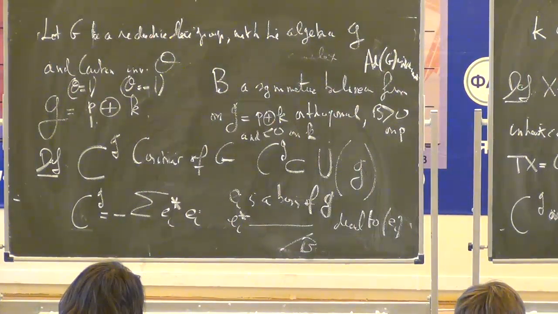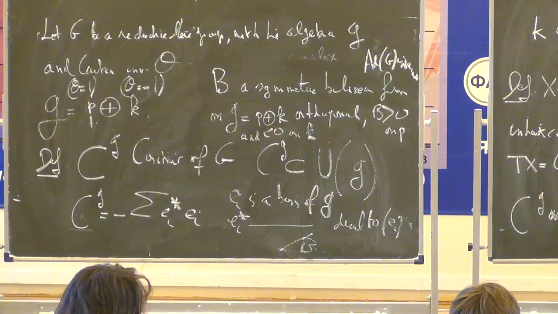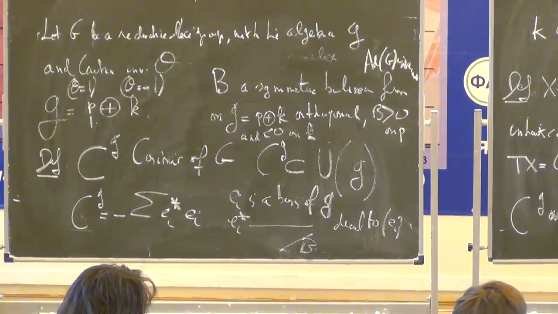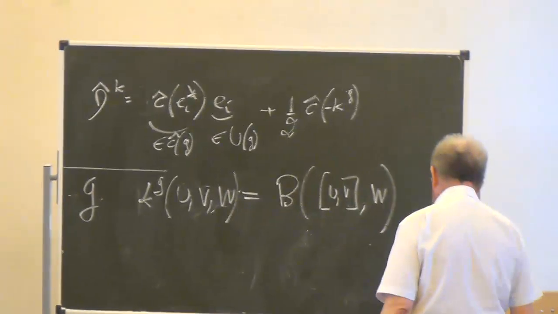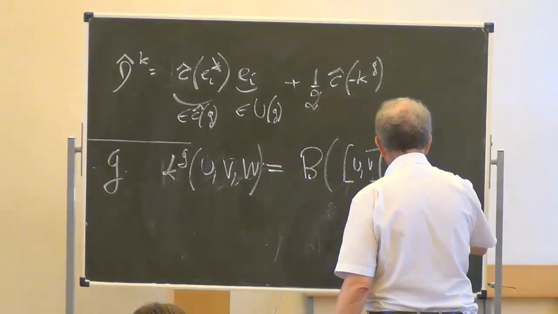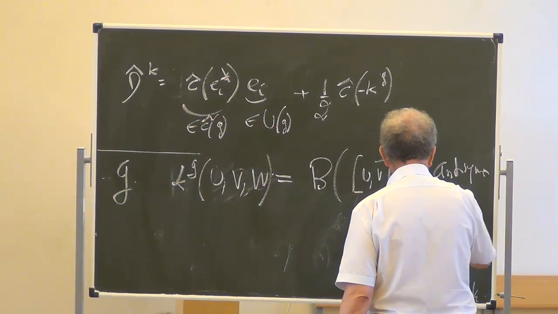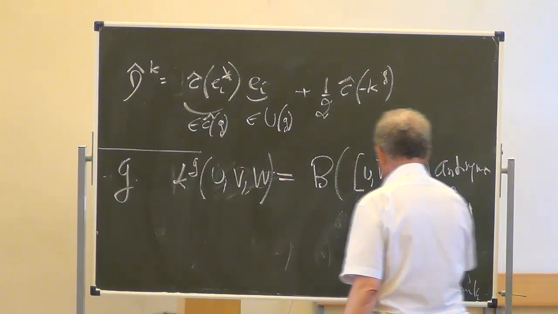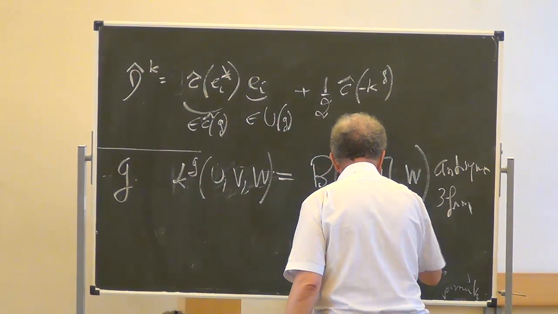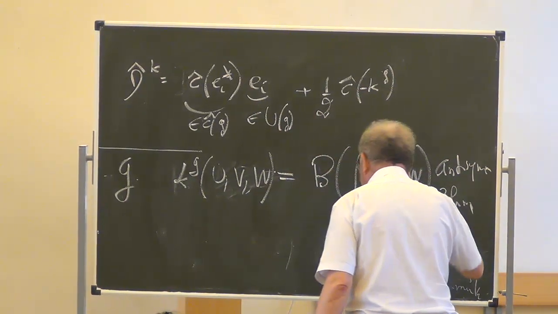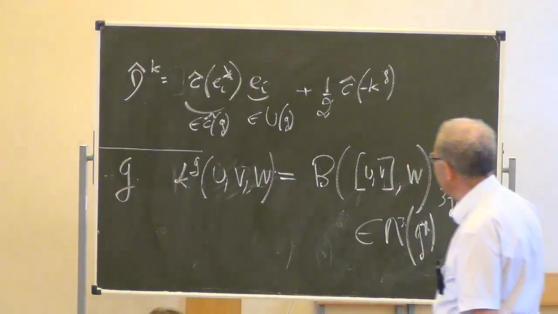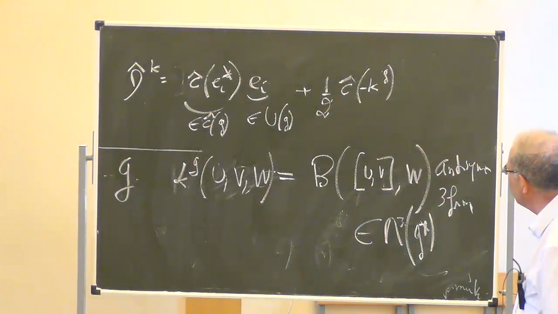So this chi G of U, V, W, because of this property of isometric action of the group G, is antisymmetric in U, V, W. So this lies in lambda 3 of G star. This chi G defines an element of lambda 3.